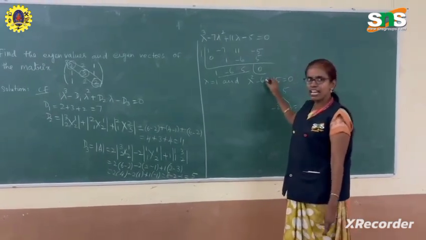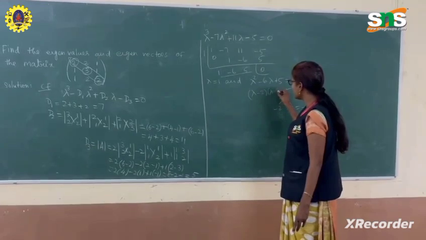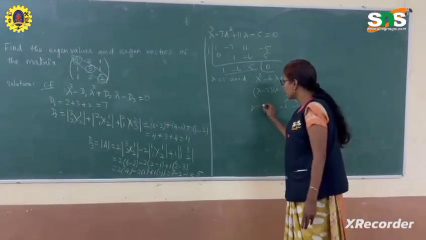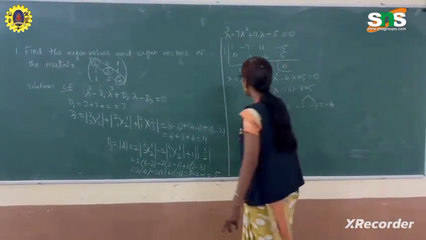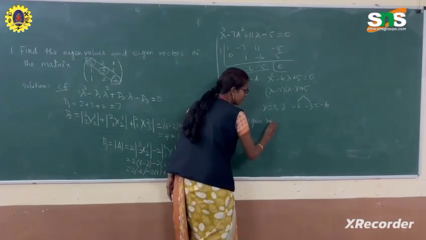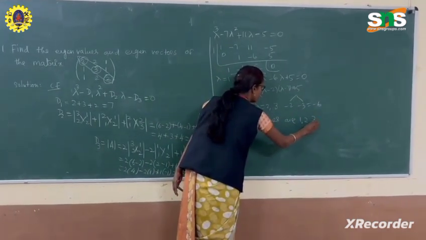So we can write this as the equation lambda minus 1, lambda minus 5 equal to 0. From that we get lambda as 2 and 3. Already we got 1. Now we are going to consolidate all the eigenvalues. So the eigenvalues are 1, 2, 3.